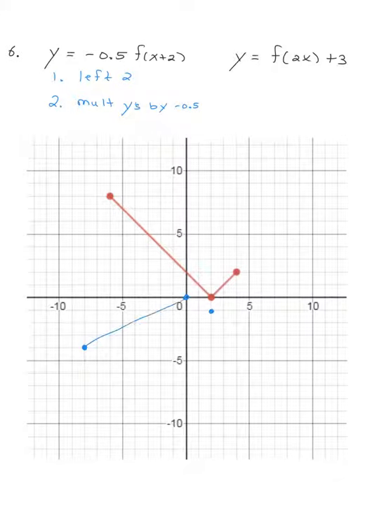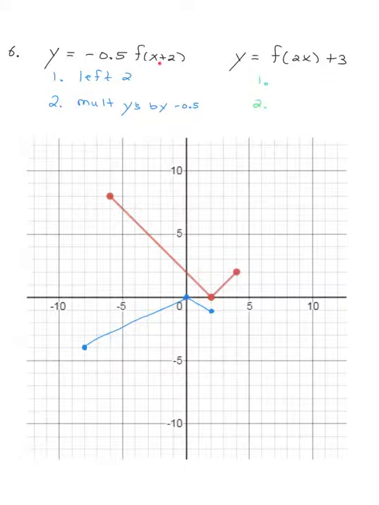The entire graph should look like this. It is reflected over the x-axis. It has been compressed because we divide each y value by 2, but it also moved left 2 places. To complete this, let's look at this other equation. There's 2 differences. We're first going to deal with this 2x.